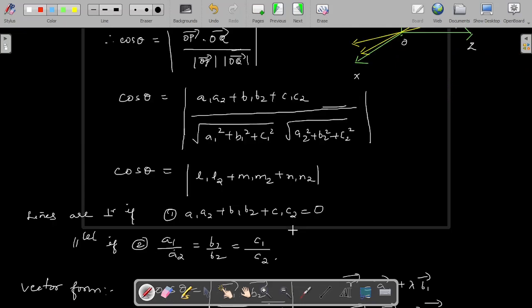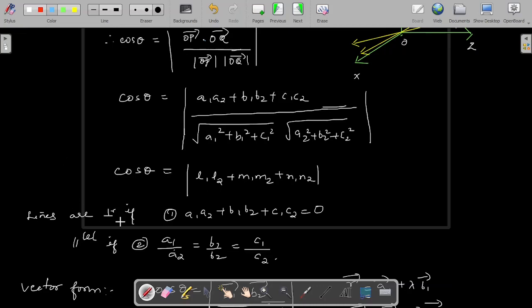Instead of direction ratios, if you are given the direction cosines, then you have the formula l1 l2 plus m1 m2 plus n1 n2, because if direction cosines are given, they correspond to a unit vector, so the magnitude is always 1 unit. The denominator becomes 1, hence you are left only with the numerator.